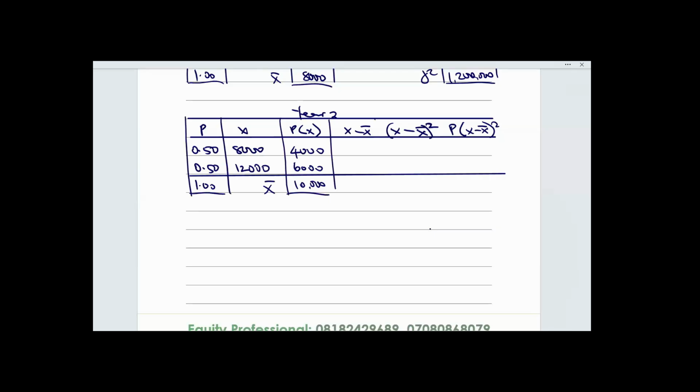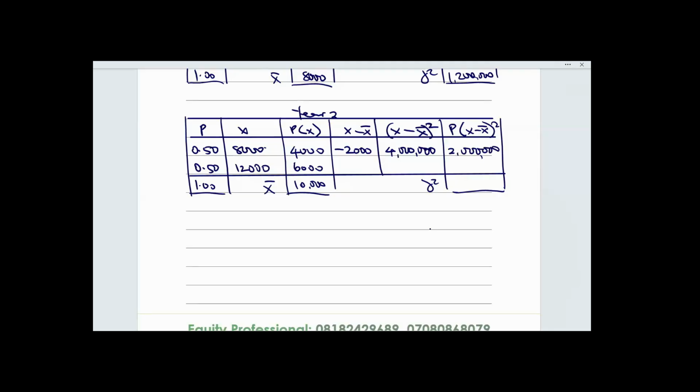So to now get the variance, we need to expand. 8,000 minus 10,000 will give us minus 2,000. Minus 2,000 squared will give us 4 million. 4 million multiplied by 50% will give us 2 million.